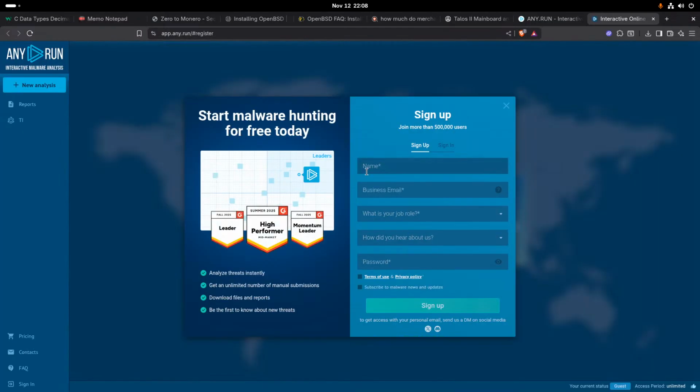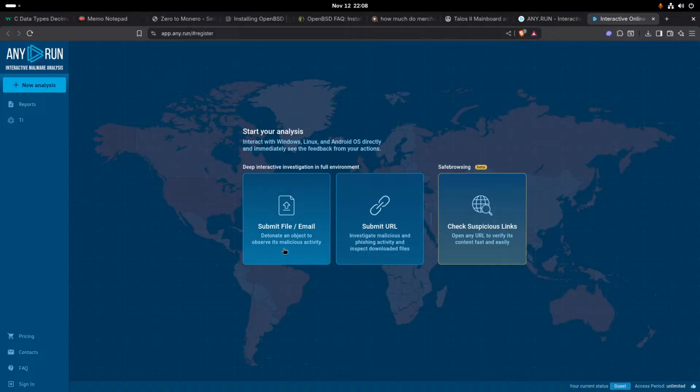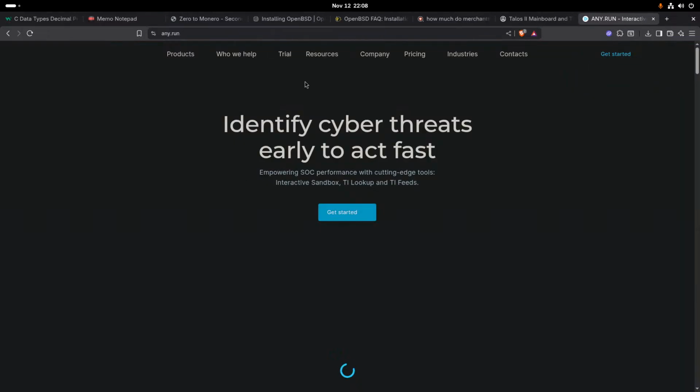It's all ran from your browser. And you can make Windows machines. They have a free option. This is great. I've used it a few times. They have a free tier.